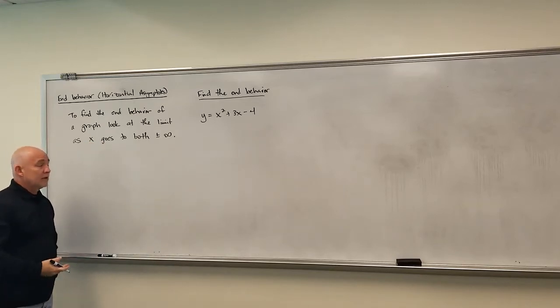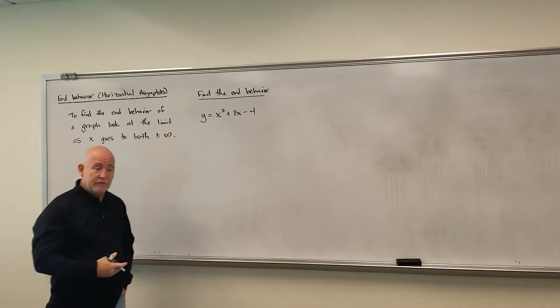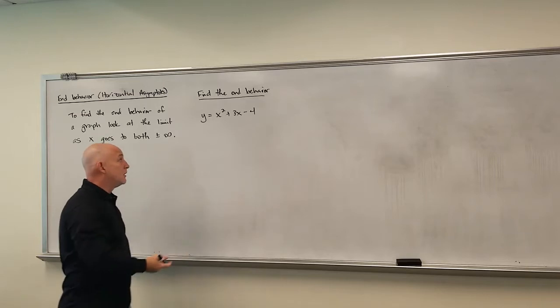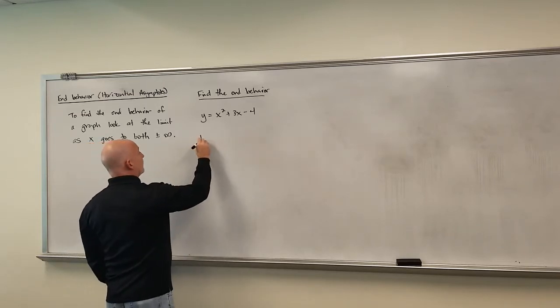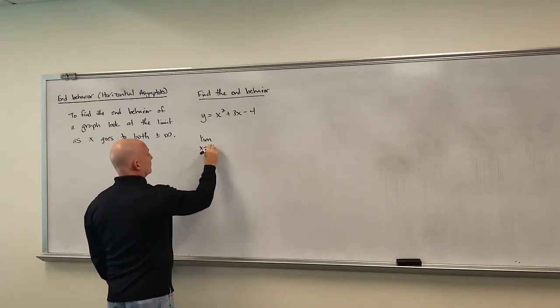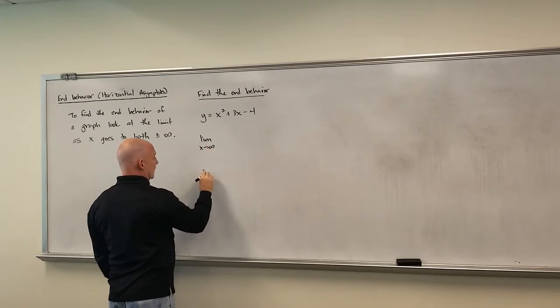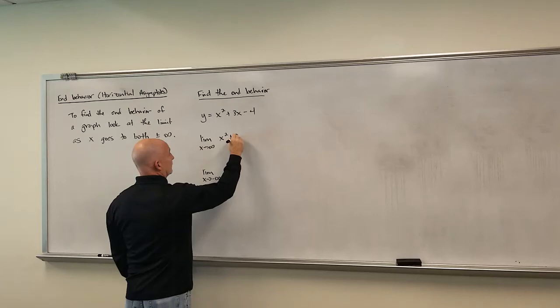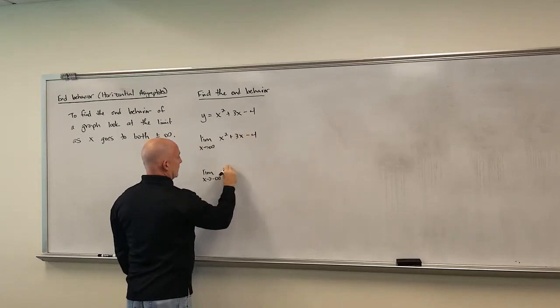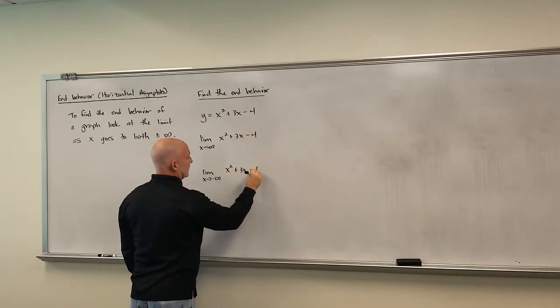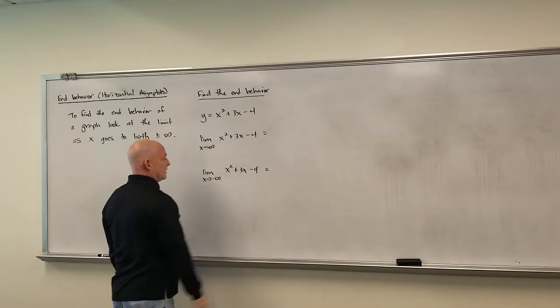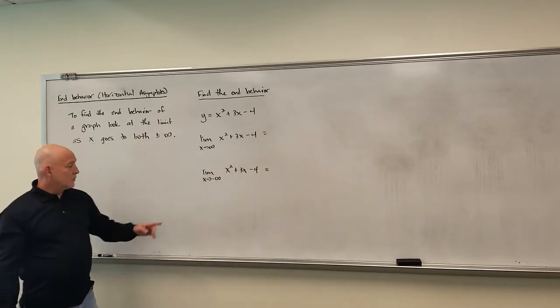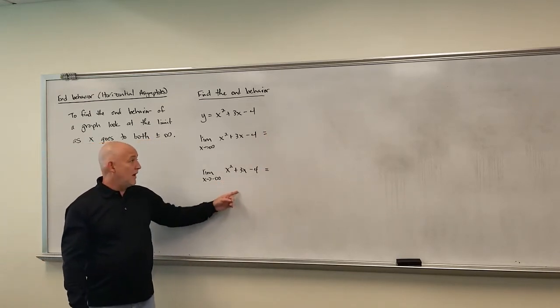If I'm just talking about the end behavior, I'm talking about what happens as we head out towards our infinities. So really I want to find the limit as x goes to positive infinity and the limit as x goes to negative infinity of this function. We've seen in the past, when we're heading out towards an infinity, the lower terms really don't matter.